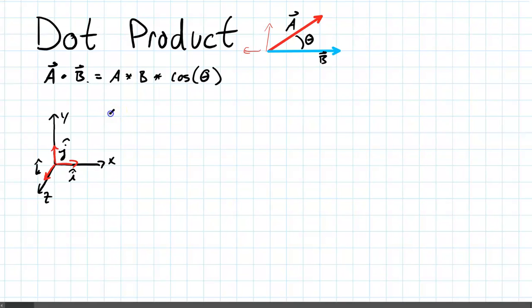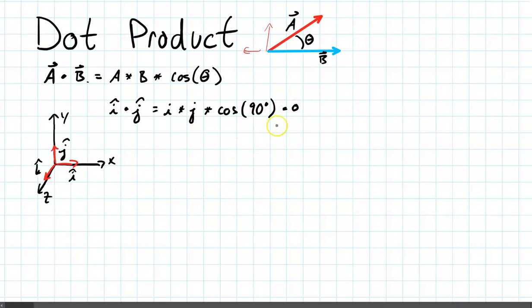Let's do I dotted with J. That equals the magnitude of I multiplied by the magnitude of J, which are both just 1 because these are unit vectors, multiplied by the cosine of the angle in between them, and these are perpendicular, so that is 90 degrees. Remember, unit circle again, cosine of 90 is 0. So the dot product of any two of these vectors, or any two perpendicular vectors, is equal to 0.